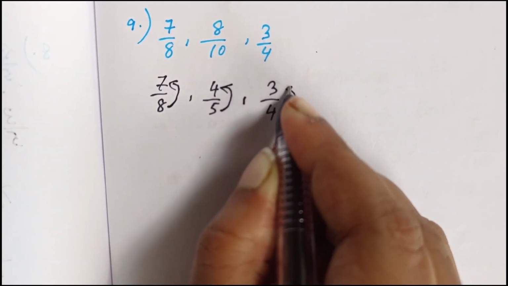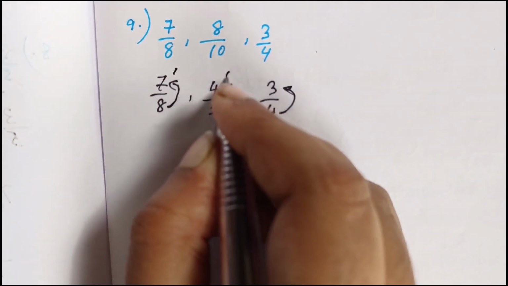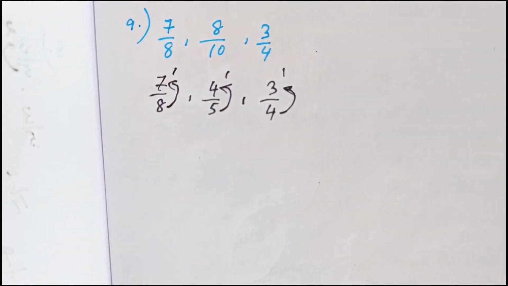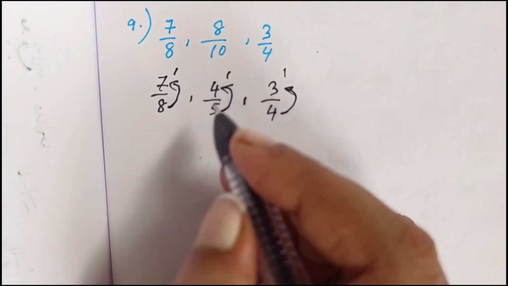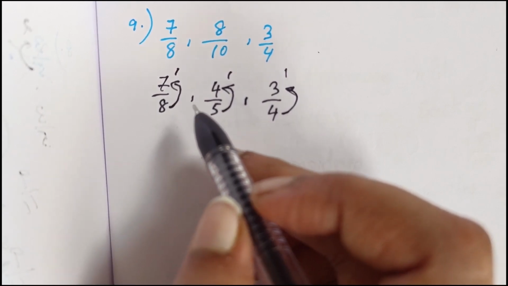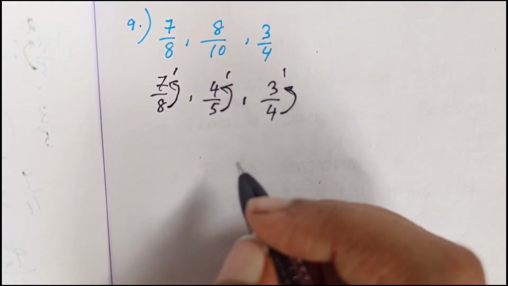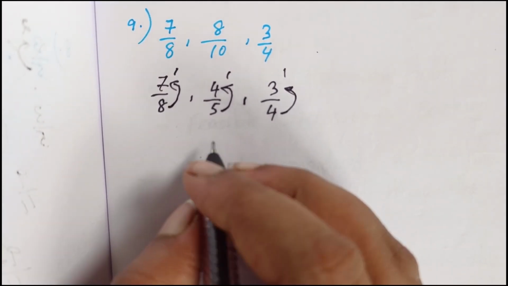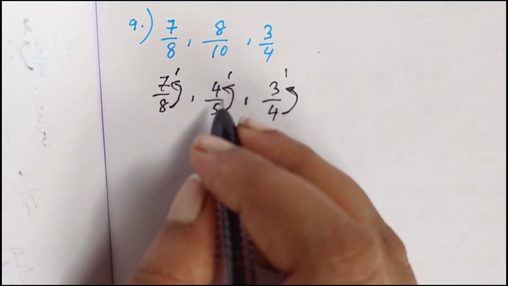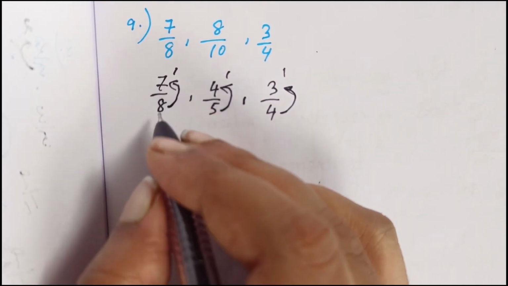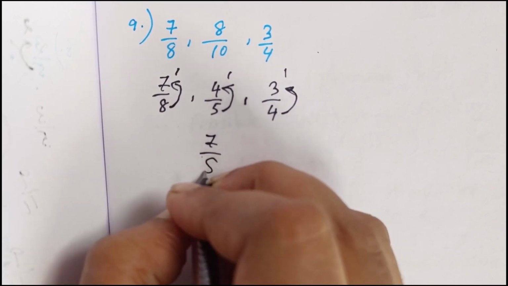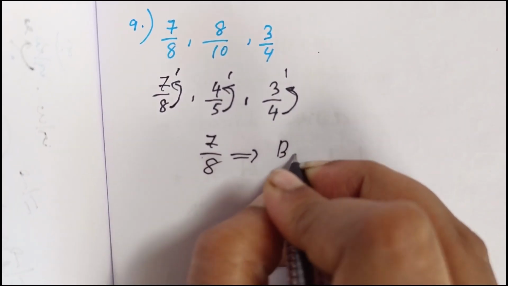The denominator is greater than the numerator, and in each case the difference is 1. So it becomes very easy. So when the denominator is greater than the numerator and when the difference is a fixed number, then the biggest fraction will be the one with the biggest values of numerator and denominator. So here 7 by 8 will be the biggest fraction.